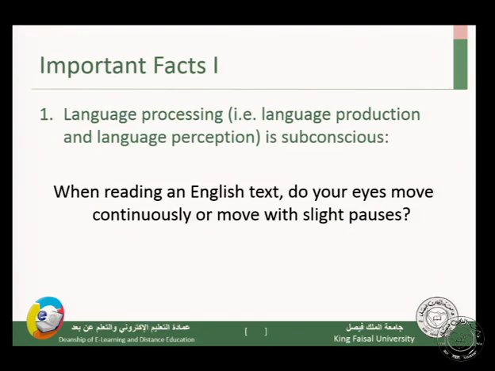Now let's discuss the first important fact we have for today, which is language processing. Whenever we say language processing, this is very important, you have to remember this. What do we mean by language processing?